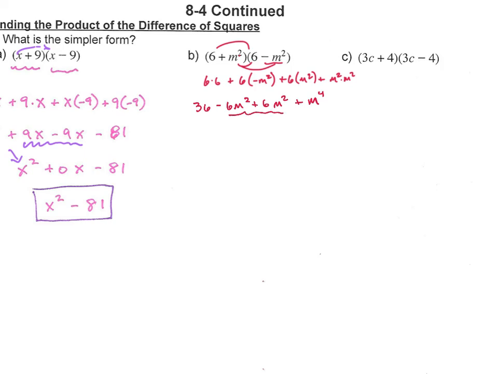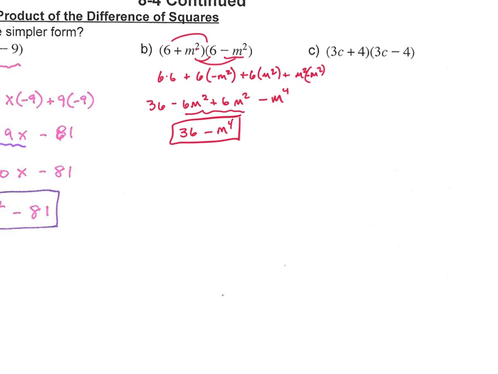This becomes 0. 6 minus 6 is 0, so we end up with 36. Sorry, one of those is a minus, so I lost my sign there and shouldn't have. 36 minus m to the fourth.